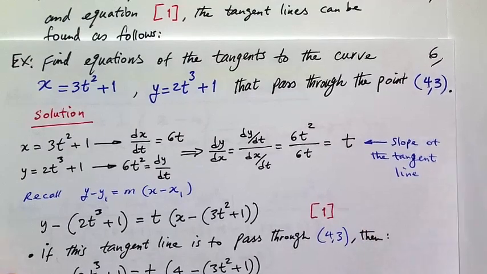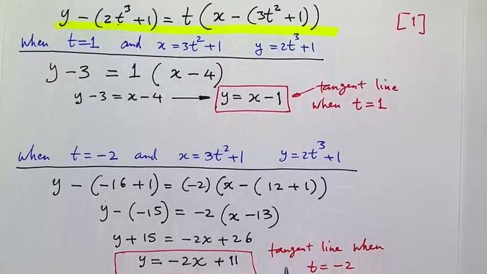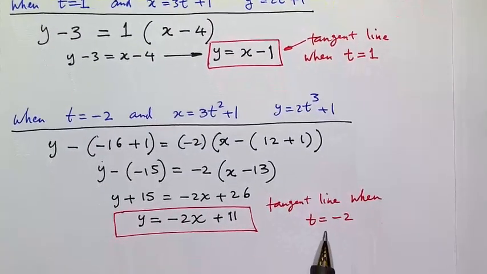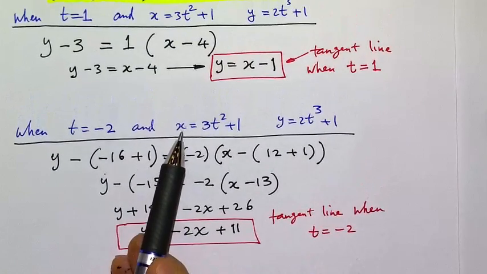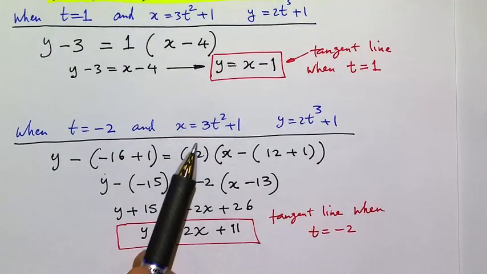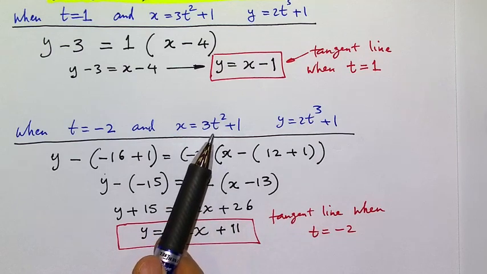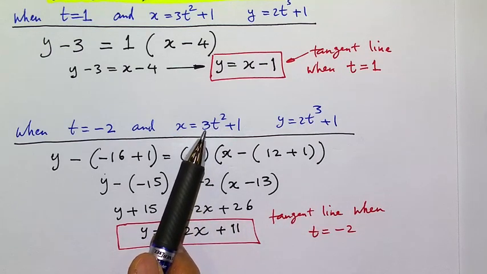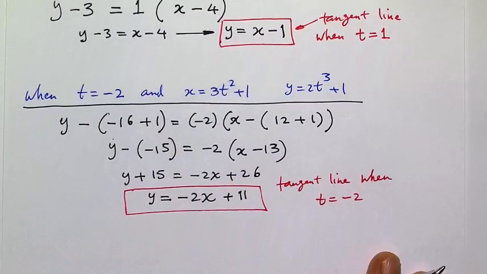So apparently we have another tangent line that goes through this point, because if you substitute t with negative 2, what do we get? We get positive 4 times 3, 12 plus 1, x equals 13. So let's add that here.